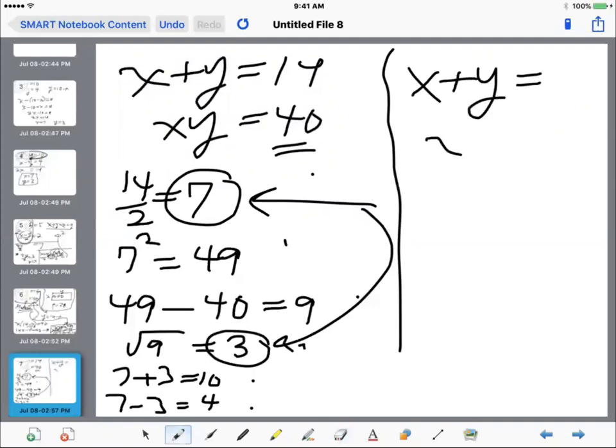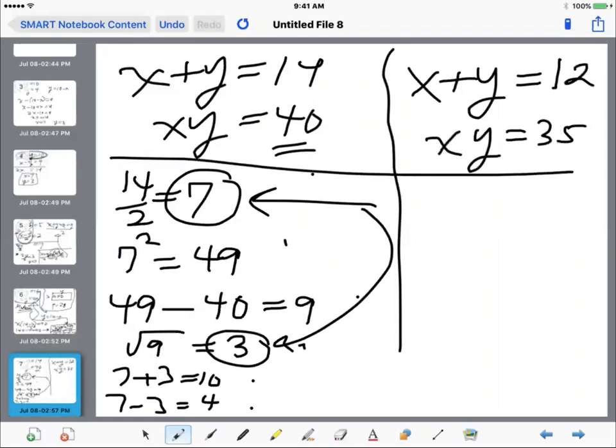So x plus y equals 12, and xy equals 35. Okay, would you go through, without yet knowing? Yes, this process is specifically when the given information is the sum of the two numbers and the product of the two numbers. Would you go through and do the 6-step process? Just follow these same 6 steps.